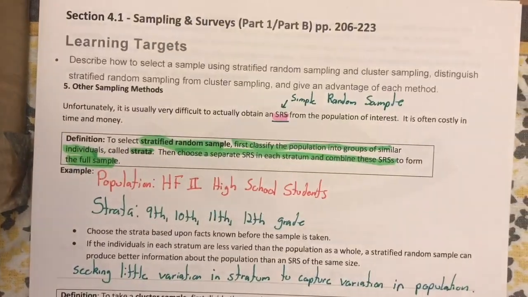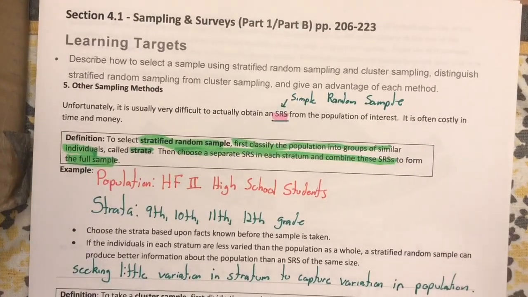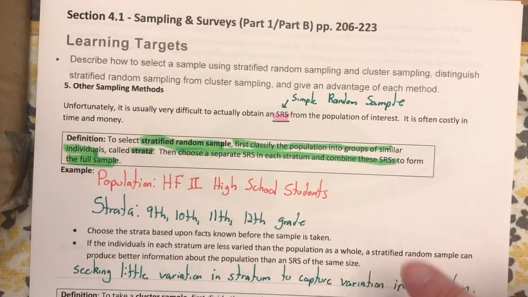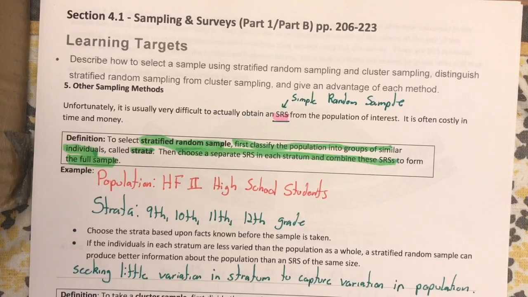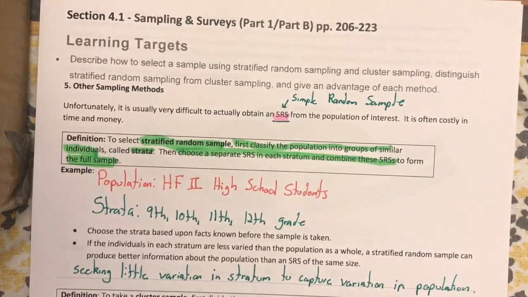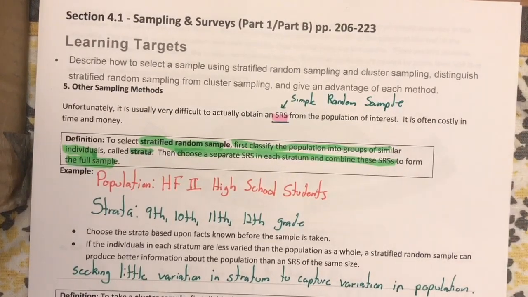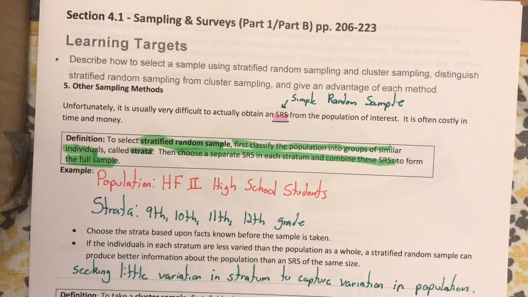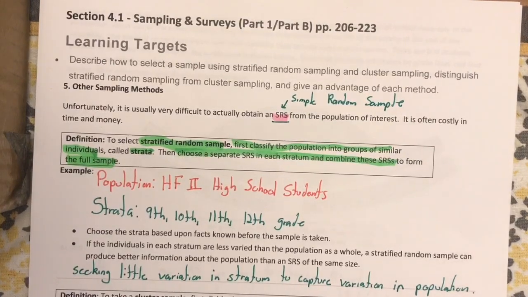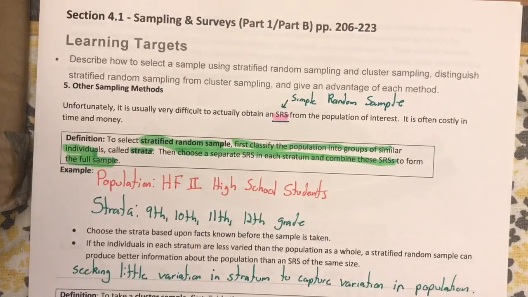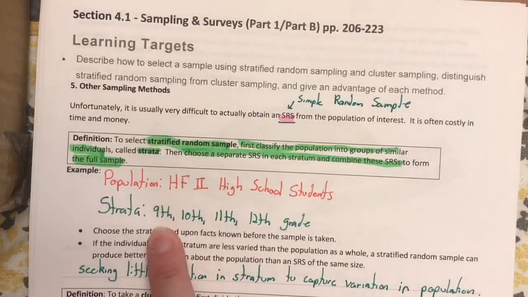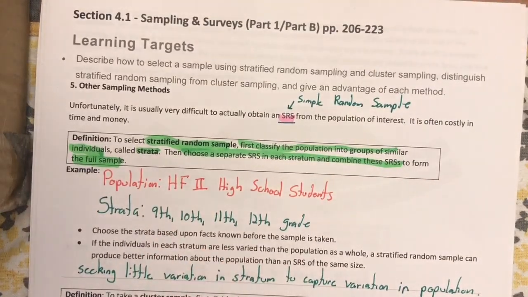I also just want to add that as we take a look at the strata that we broke our population of HF2 high school students up into, we broke them up into strata of 9th, 10th, 11th, 12th grade. Again, strata is the plural form, meaning more than one group. Each group is similar within, but different across the groups.